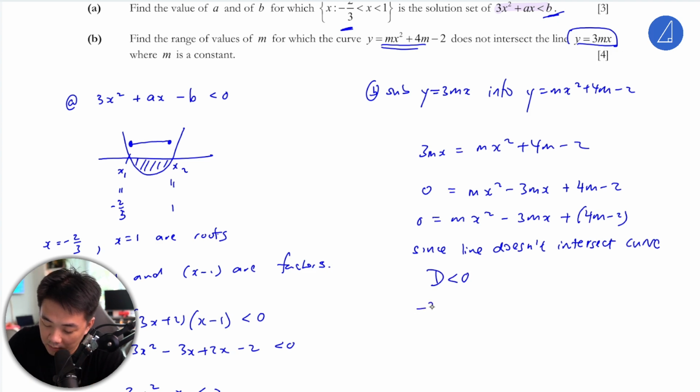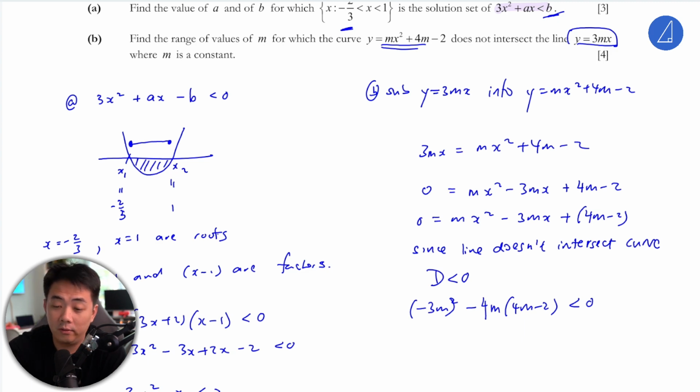So in this case it is minus 3m squared, b squared minus 4ac is less than 0. Okay, so we just need to solve this inequality over here.